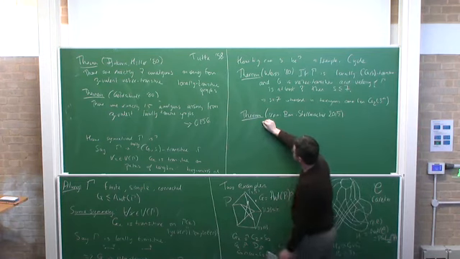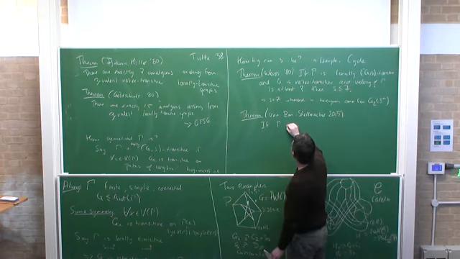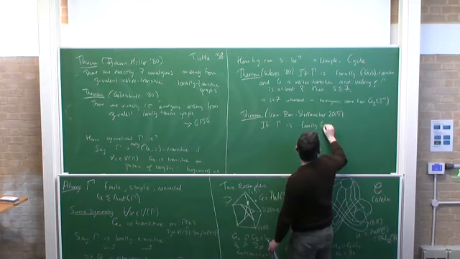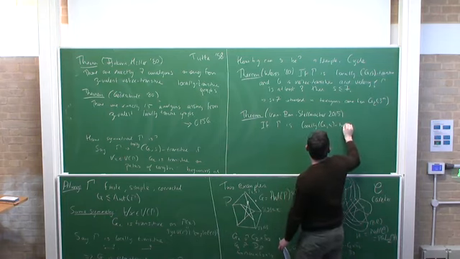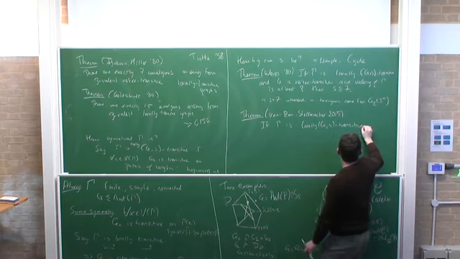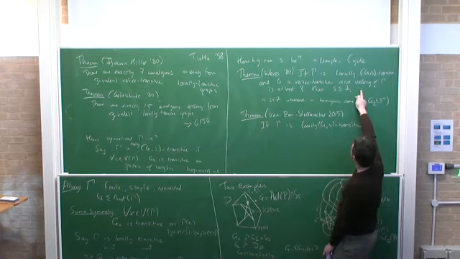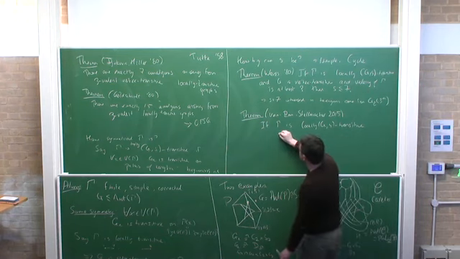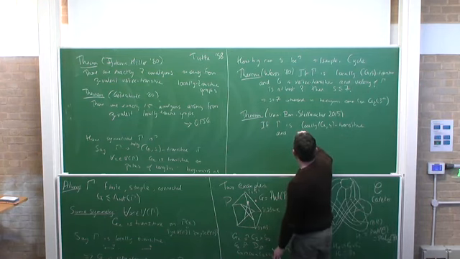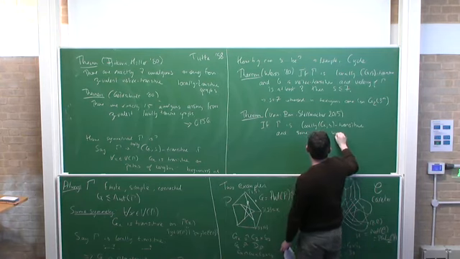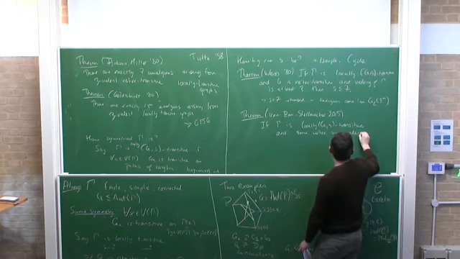So, if gamma is locally (G,S)-transitive, we don't need the vertex transitivity assumption, but now we do need to make some assumption about the valency, and some vertex has valency at least 3.